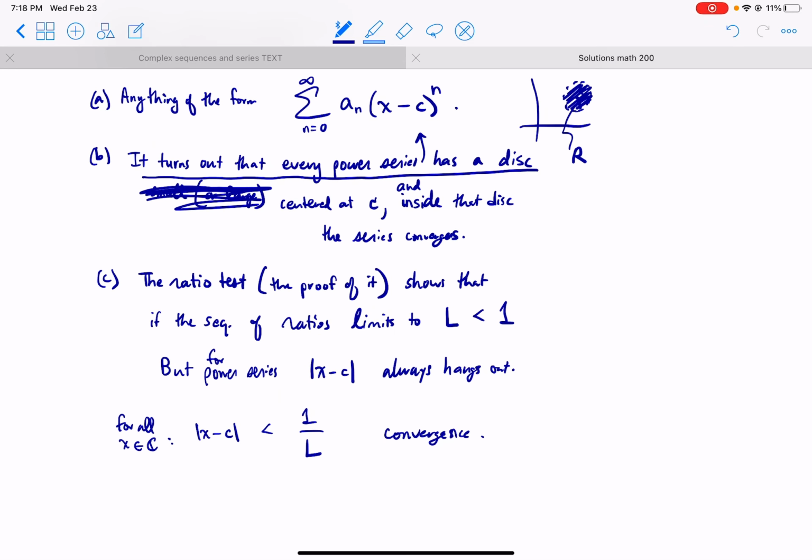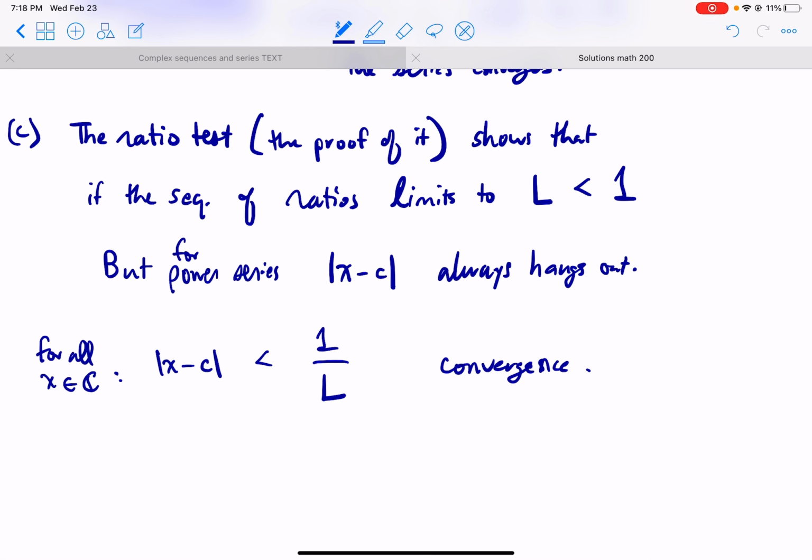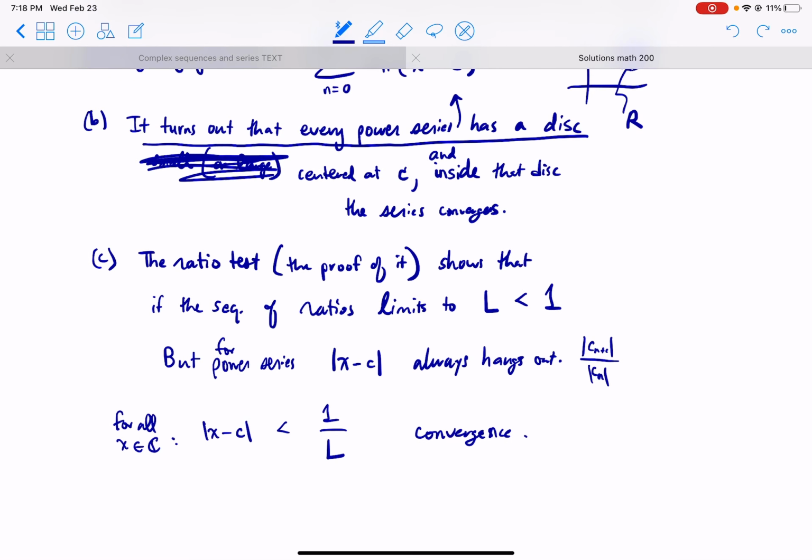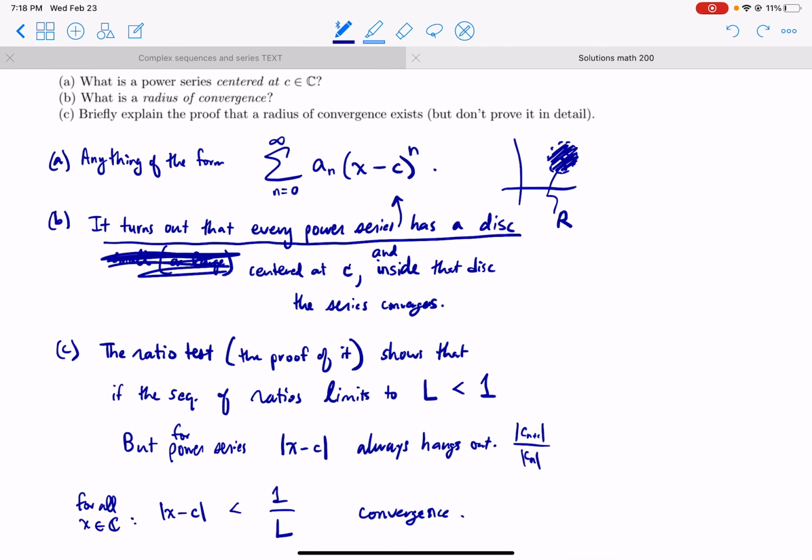Okay, that's the idea. For power series, this will always hang out in that consecutive ratio, because it'll have an n plus 1 and an n, and then those will cancel, and we'll just get that. Maybe you can explain it better than me, briefly.